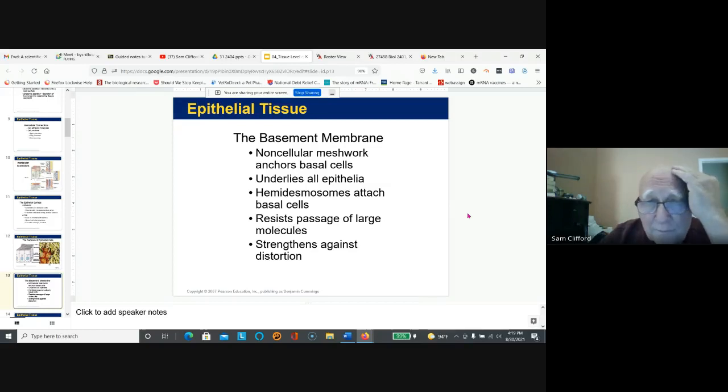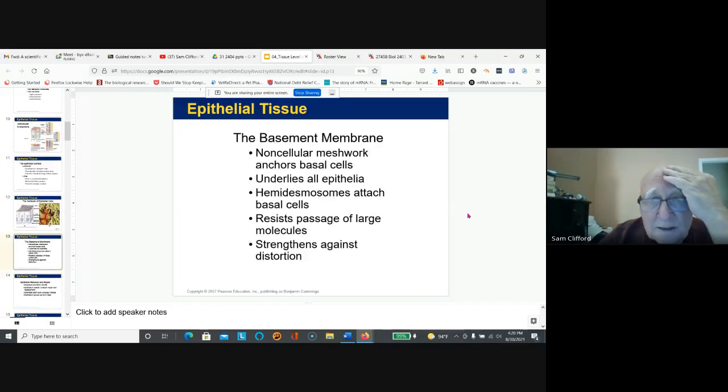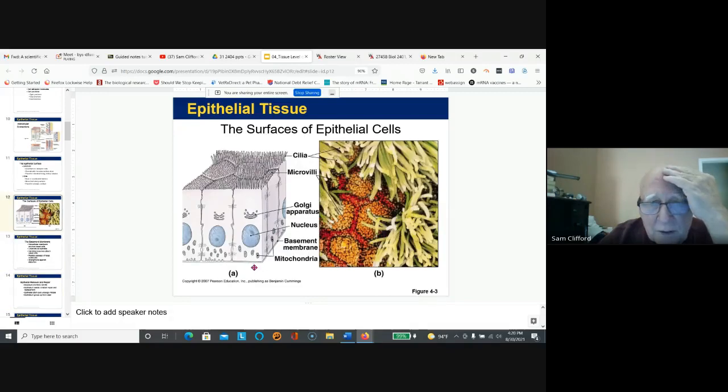Below the cells, you have what's called a basement membrane. All you should know is this bottom layer is called the basement membrane. The cells sit on that membrane and are very tightly attached.